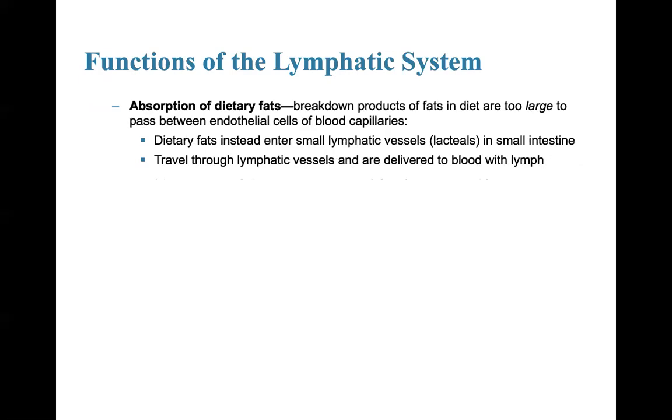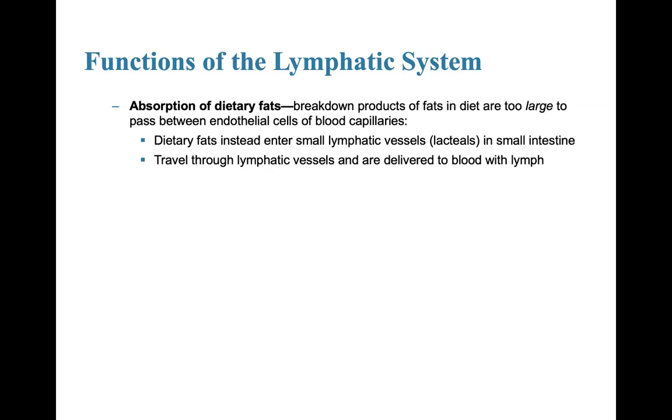You then have the absorption of dietary fats, which is how fat is absorbed into the body. Most nutrients will be absorbed in through the small intestines via the capillary networks. However, fats will end up going through the lymphatic network and then eventually put into the blood. The breakdown products of fats in the diet are too large to pass between the endothelial cells of the capillaries.